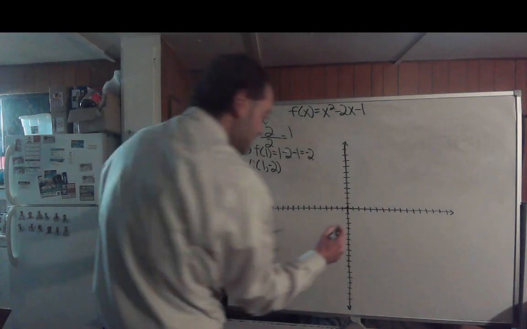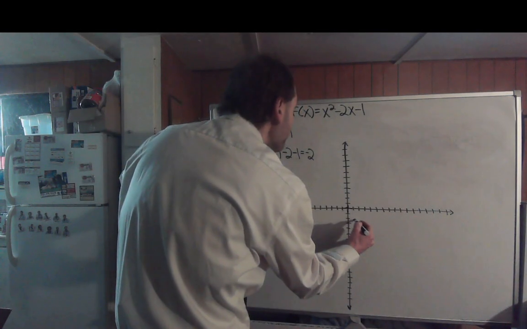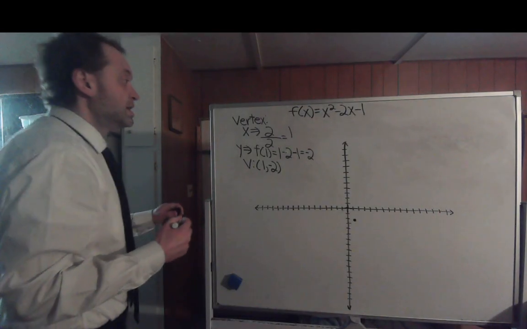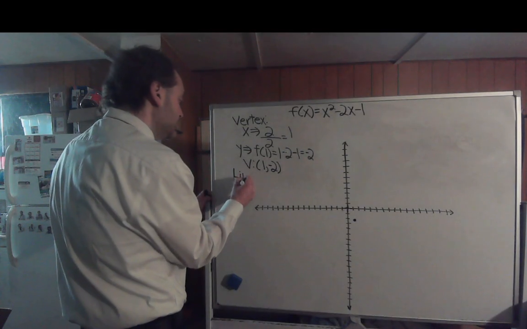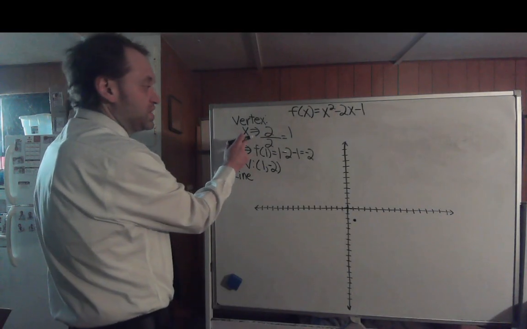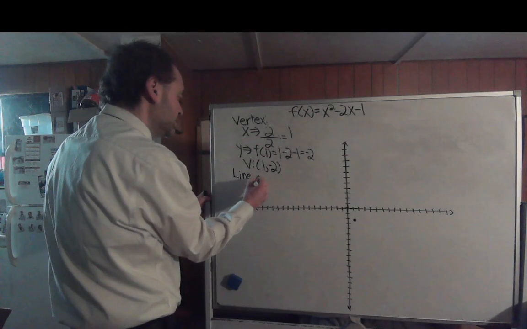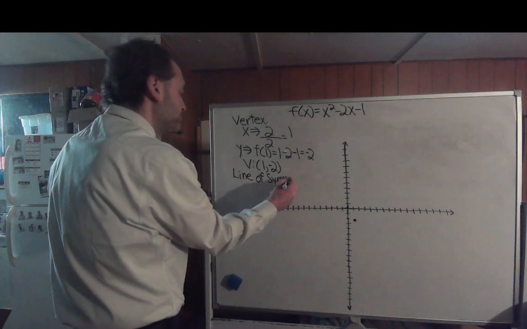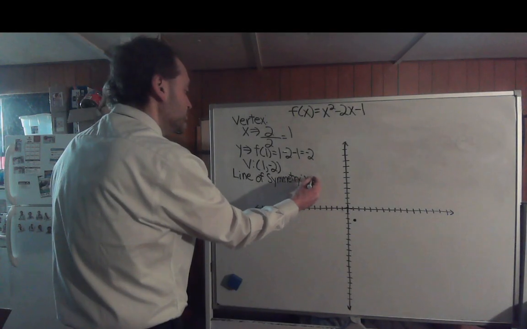So there's your vertex. The line of symmetry is going to be x equals 1. The line of symmetry is always the same equation as the x coordinate of the vertex. So the line of symmetry is at x equals 1.